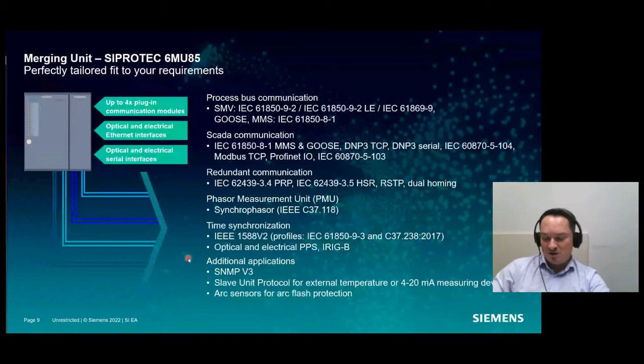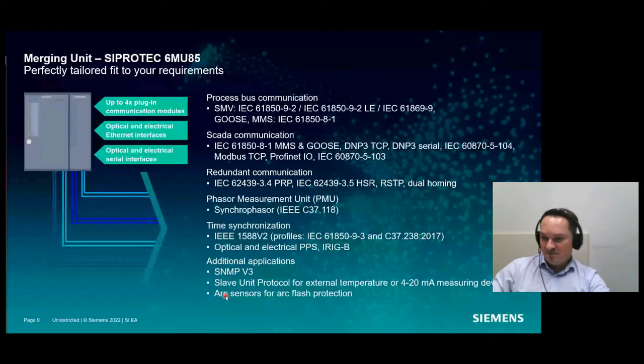We support time synchronization according to IEEE 1588 version 2, and of course, previous time synchronization functions such as synchronization via pulse per second or IRIG-B. Also, we can equip our merging unit with communication cards such as ARC sensors, for example.